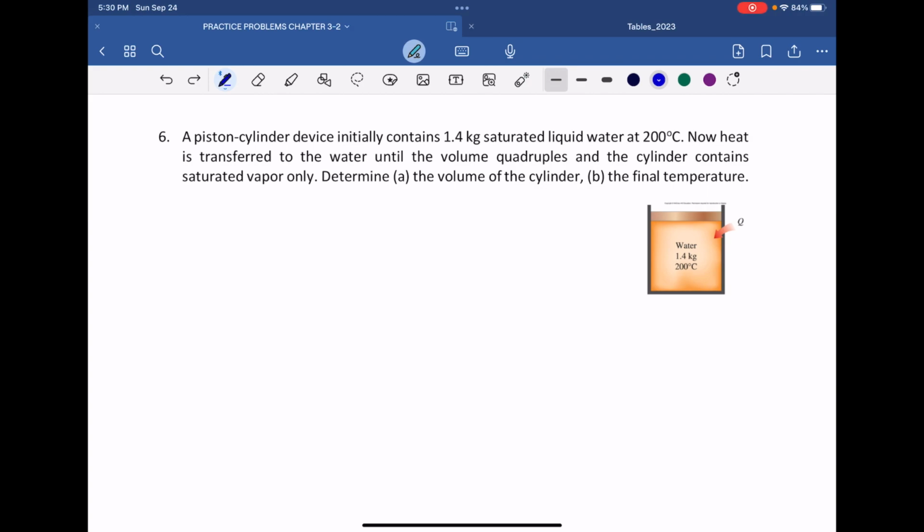Determine the volume of the cylinder and the final temperature. Alright, so initially we have saturated liquid and it's becoming saturated vapor. That is what we understand from this wording of the problem statement, okay?